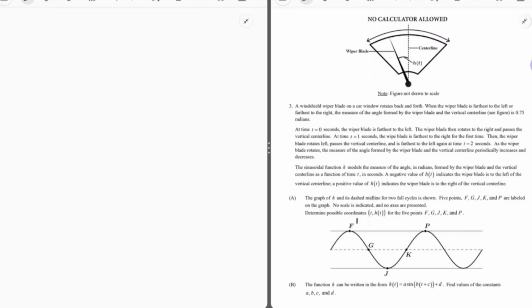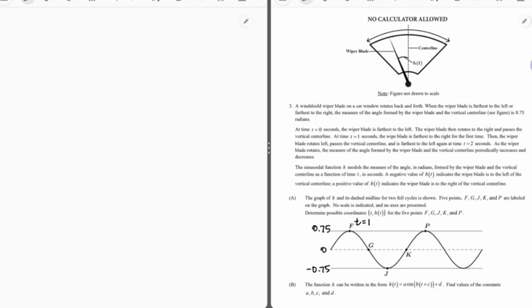That's the first thing that I see. Then they say that the maximum number of radians is 0.75. So I would think that it's going to be 0.75 up here and negative 0.75 down here, meaning 0 is the center.